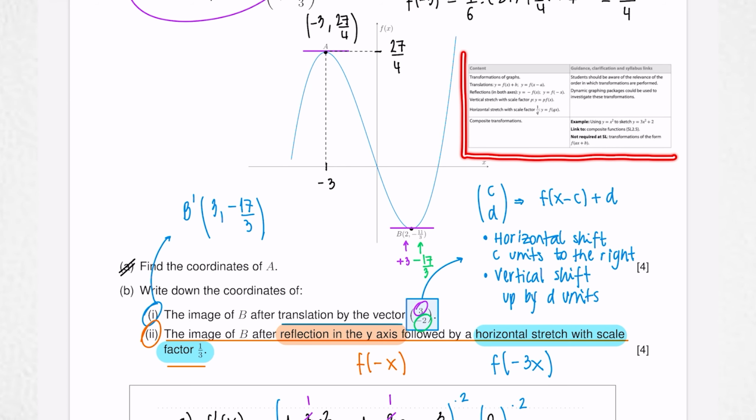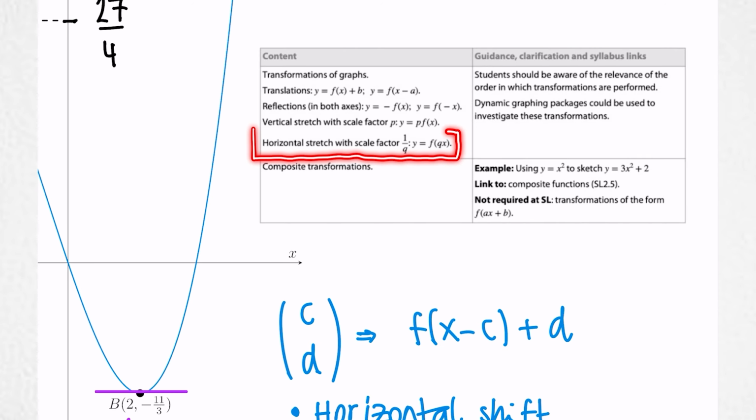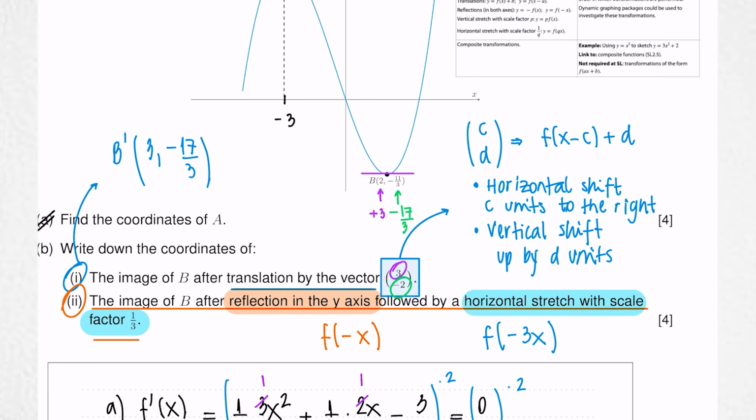Careful, because this is counterintuitive. A horizontal stretch with a scale factor of 1/3, and this is from the IB Math course guide, means that you're multiplying x by 3, so f of 3x. In addition to that, we have the negative sign, which is due to the reflection across the y-axis. And what happens to the point?